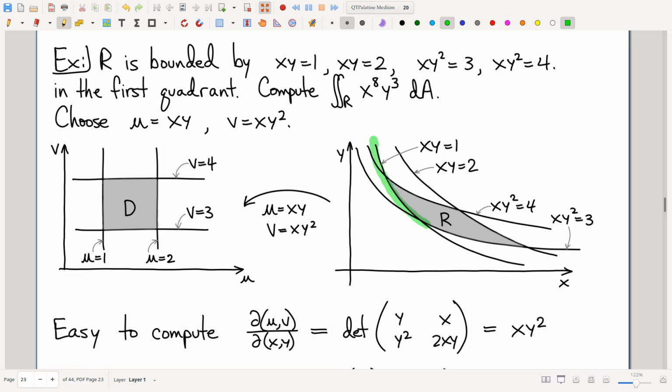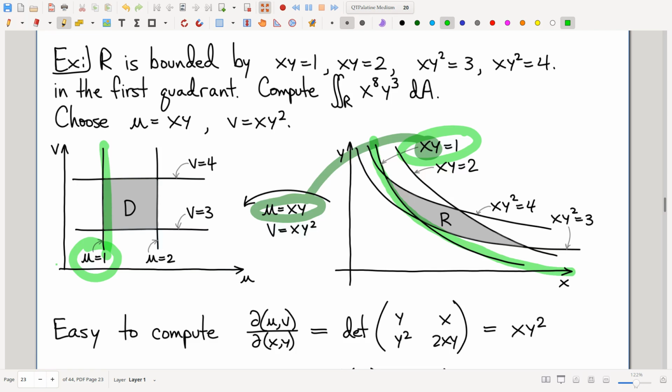If I look at that curve right there, for example, that curve is where xy is equal to 1. Okay, but don't forget that xy is u. So if we're looking at a curve xy equals 1, I can rewrite that as u equals 1, which is a straight vertical line in my UV plane. Isn't that nice?